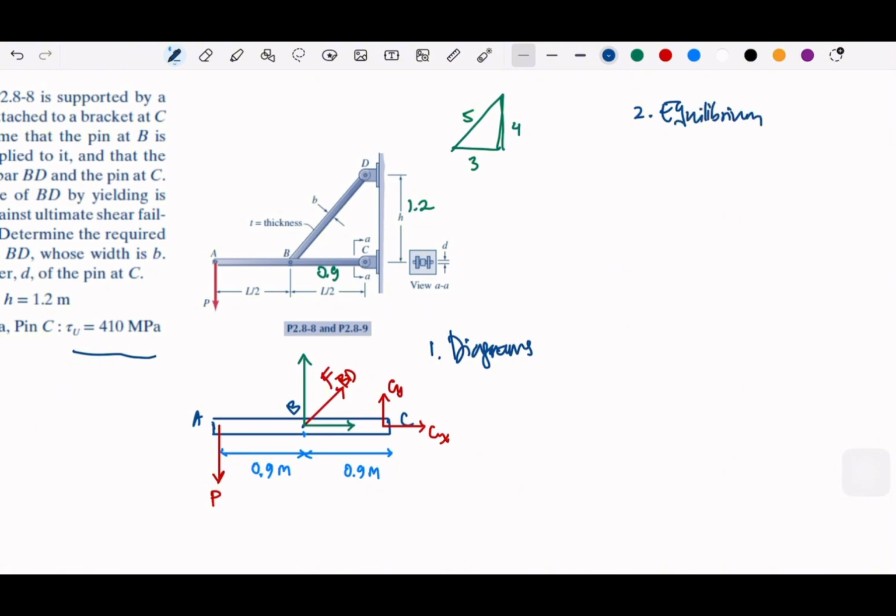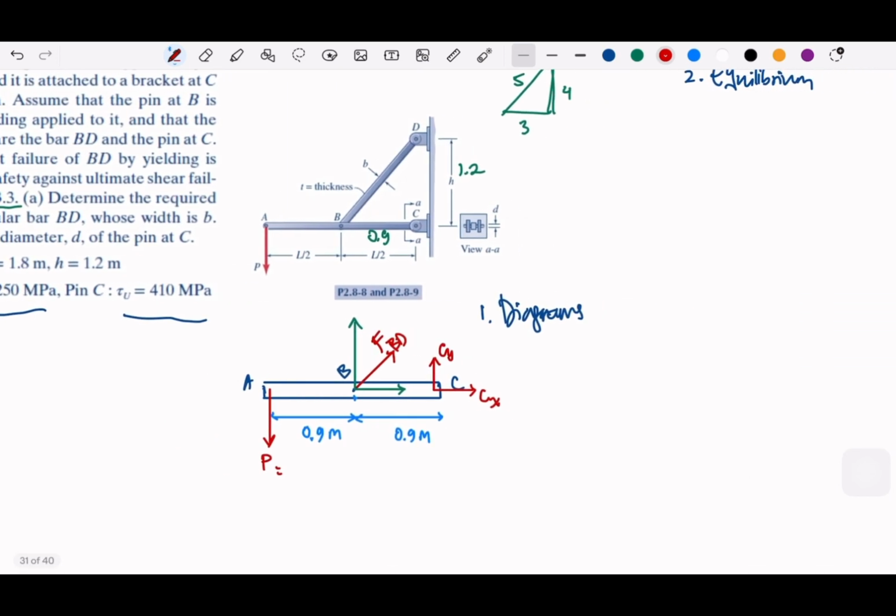You can write sigma F, sigma M, but usually if there is more than one unknown force, we start with the sigma M. We only know the P, which is 11 kilonewton.